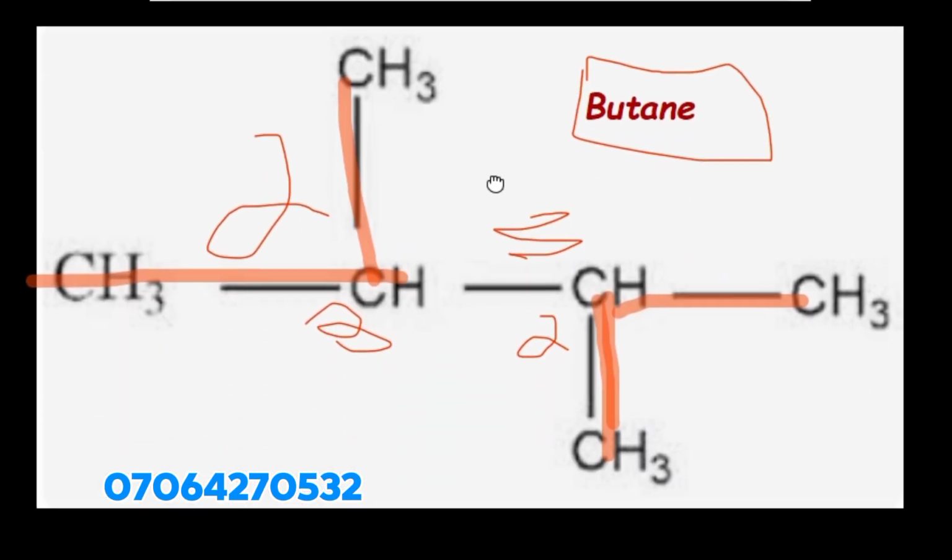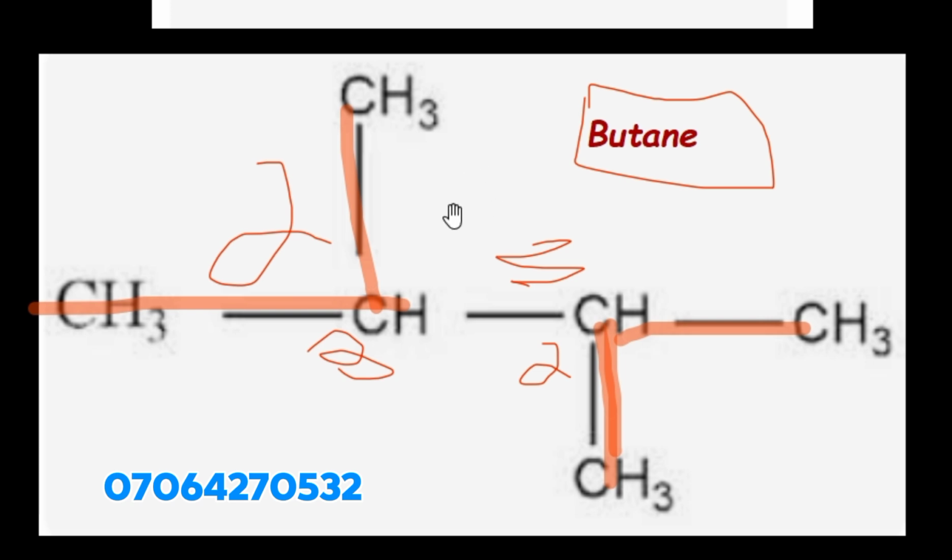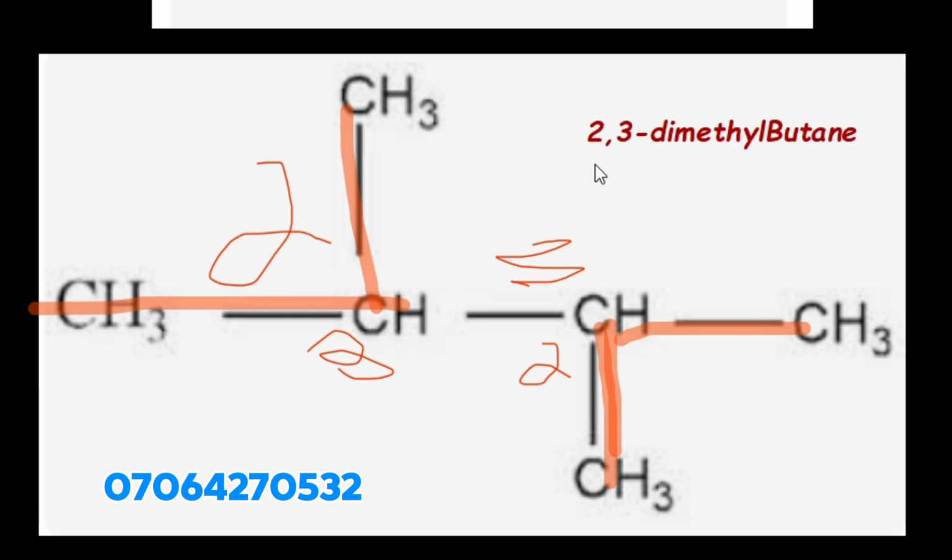Now let's write the name of this compound down. The correct name for this structure is 2,3-dimethyl butane, and that is where we are going to stop the naming of isomerism or isomers of organic compounds.